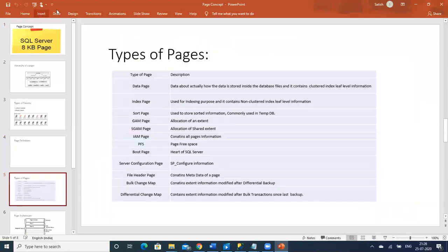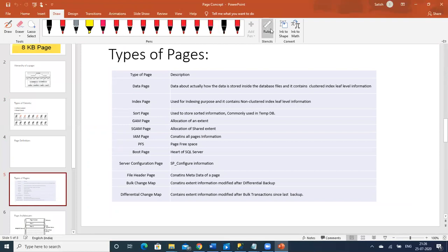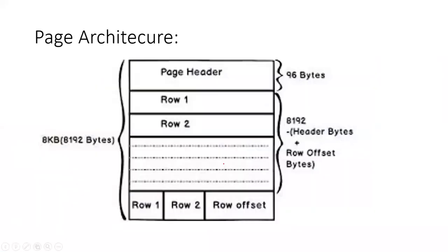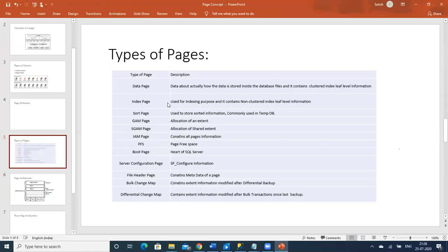We have multiple types of pages in SQL Server, but we will consider some of them. The important pages we'll discuss are: data page, index page, sort page, GAM page, SGAM page, IAM page, PFS page, boot page, server configuration page, file header page, BCM (bulk change map), and DCM (differential change map).